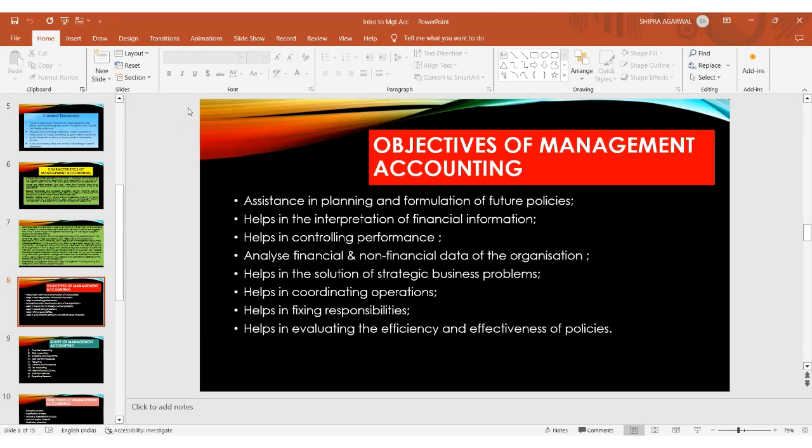When I say efficiency, it is getting the maximum output with minimum input. And when I use the term effectiveness, it is achieving the task or the target on time. That means whatever task has been given to you should be completed within the given time frame. So all these things will be taken care of in the management accounting department.